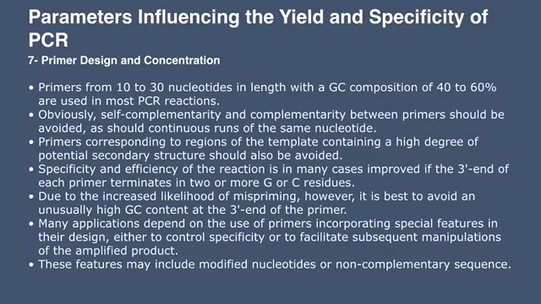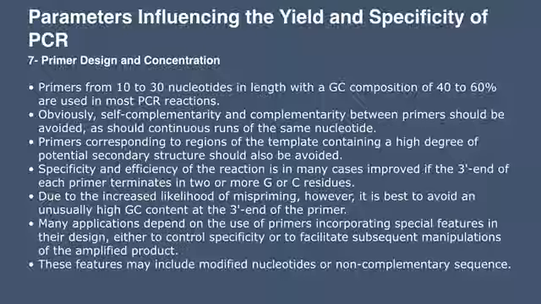Number 7. Primer design and concentration. Primers from 10 to 30 nucleotides in length with a GC composition of 40 to 60% are used in most PCR reactions. Obviously, self-complementarity and complementarity between primers should be avoided, as should continuous runs of the same nucleotide.